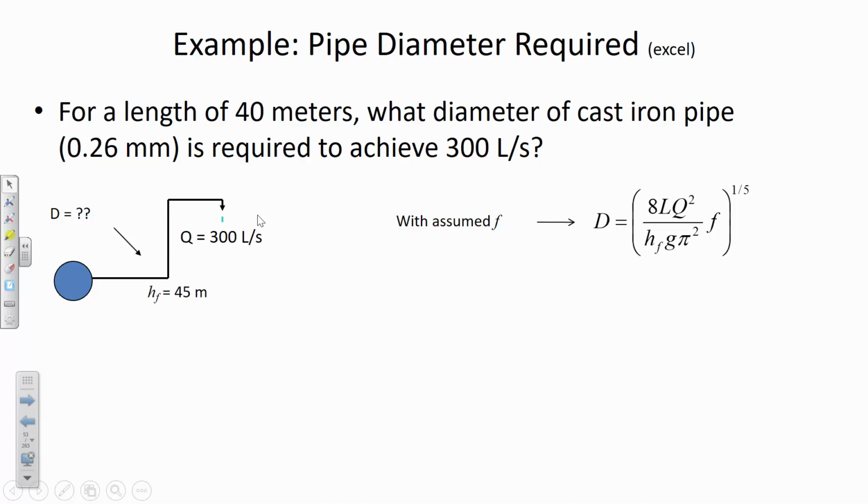Okay? And you've all got calculators, so why don't you put that into your calculator and tell me, for the guess value of F, what is the diameter that's required for this pipe?